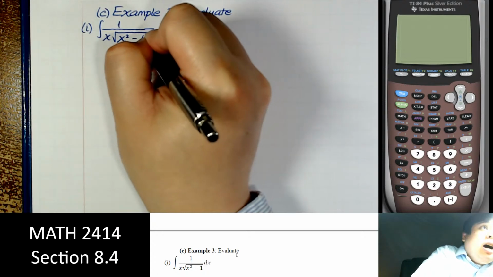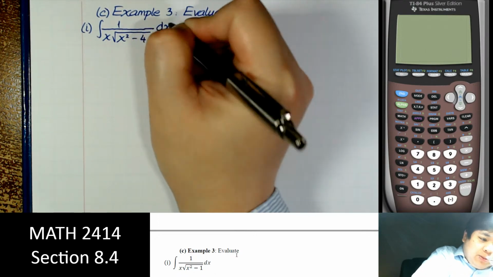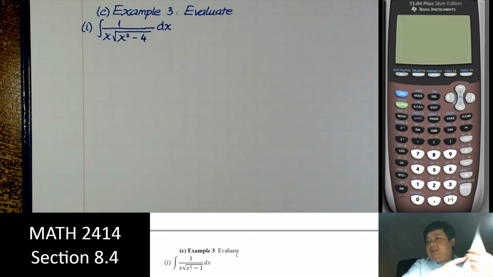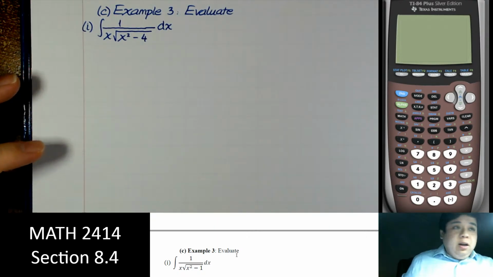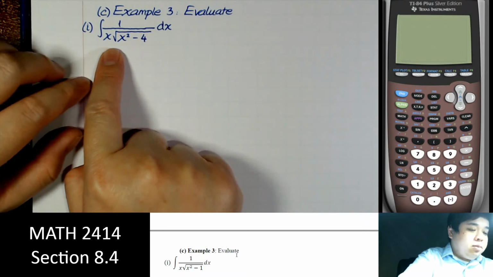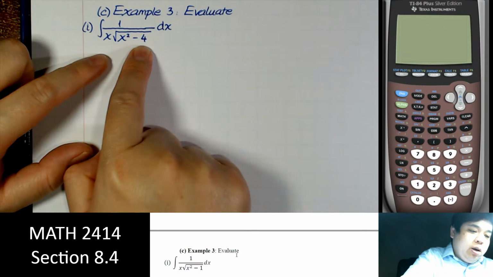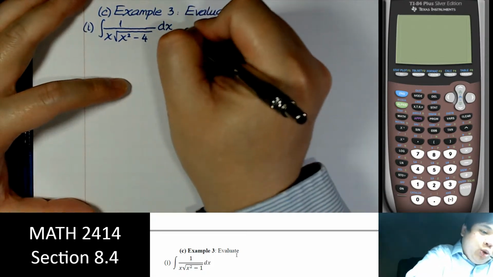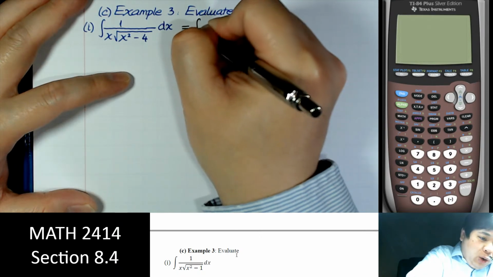Instead of 1, I'm going to change to 4. So just a tiny bit. Right, so this time what we have is x squared minus a constant square. 4 is a constant square, 2 square. Even though if it is 3, we're going to write as square root of 3 square.